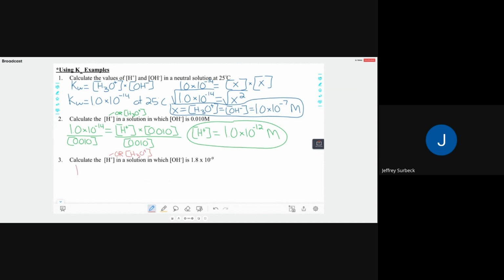We say 1.0 times 10 to the negative 14th equals our H plus times our value of OH minus, which is 1.8 times 10 to the negative 9th. And once more, how do we get H plus all by itself? Divide by what it is attached to.